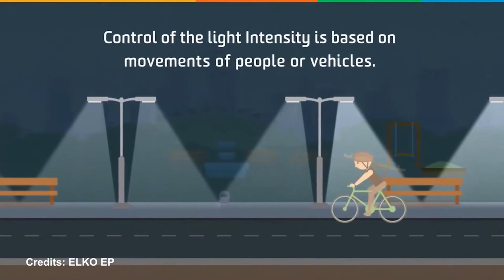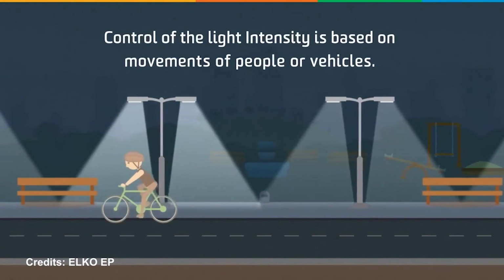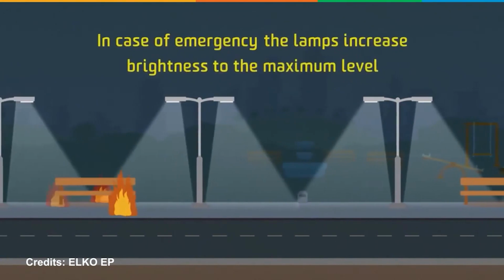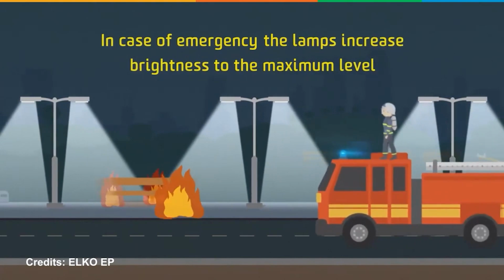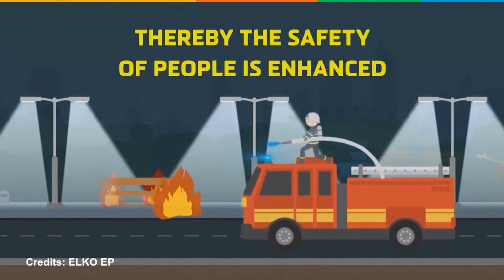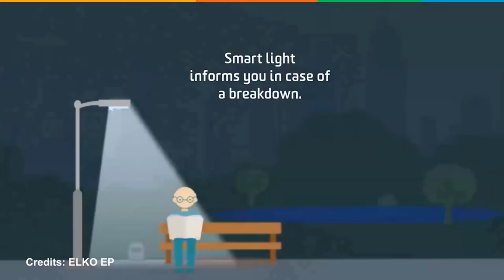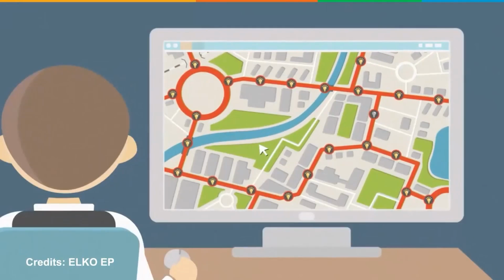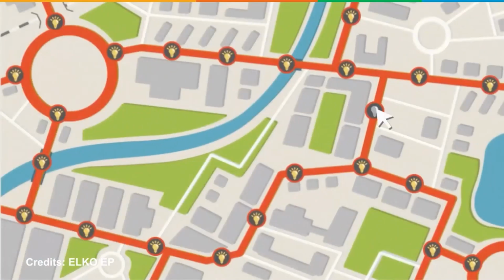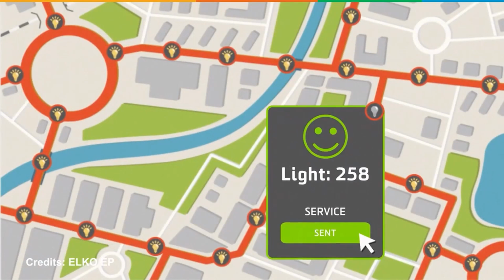Control of light intensity is based on the movement of people or vehicles. In case of an emergency, the lights increase their brightness to maximum intensity, thereby ensuring safety. When deployed as a part of a smart city, the users can be informed about any outages. They can also register a complaint for immediate service.